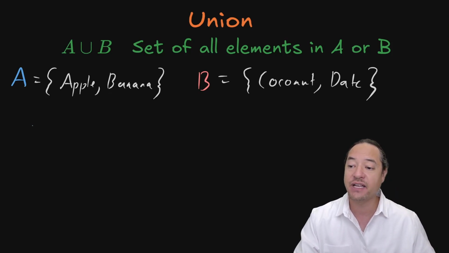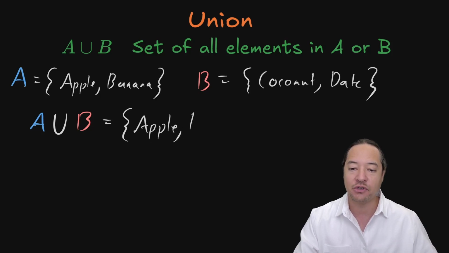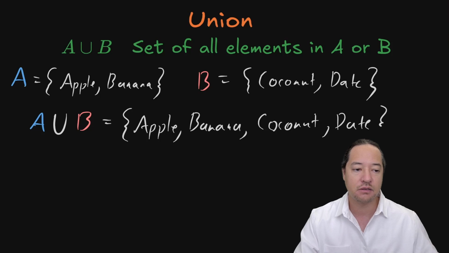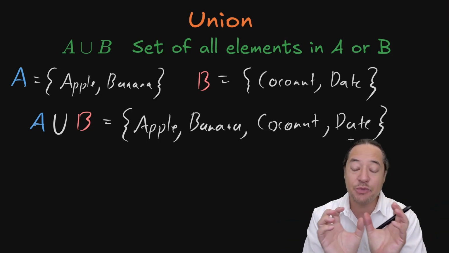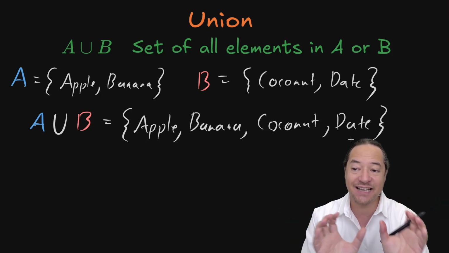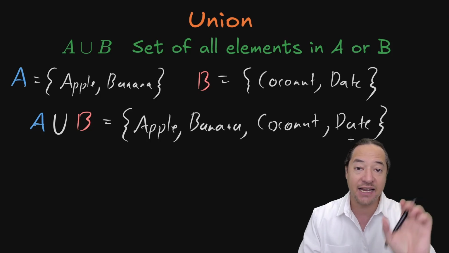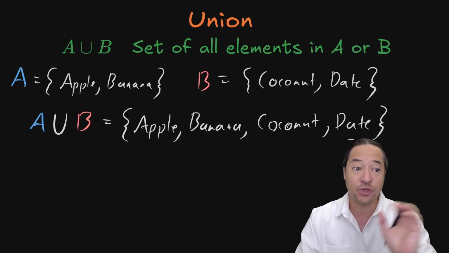So we're going to have A union B. Now, what does this represent? Well, this is going to be a new set that contains apple, banana, coconut, and date. There you go. Okay, it's just the combination of all of the distinct elements that were in set A and all of the other elements that were in set B.